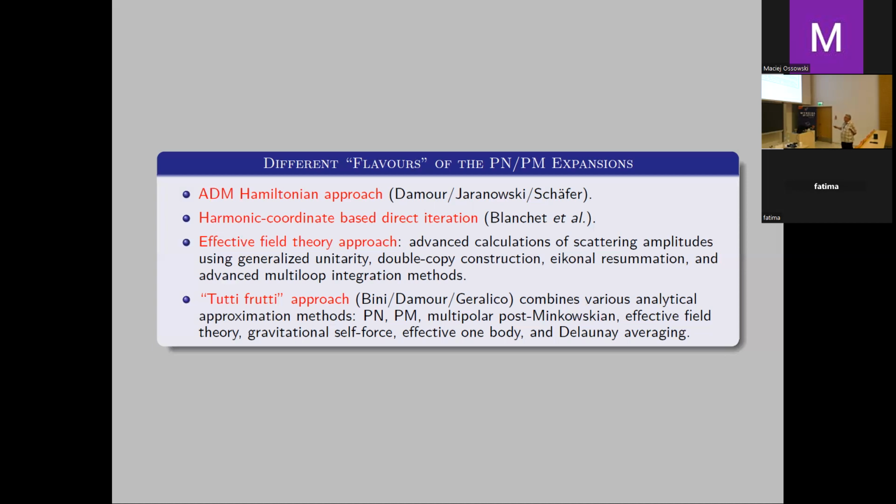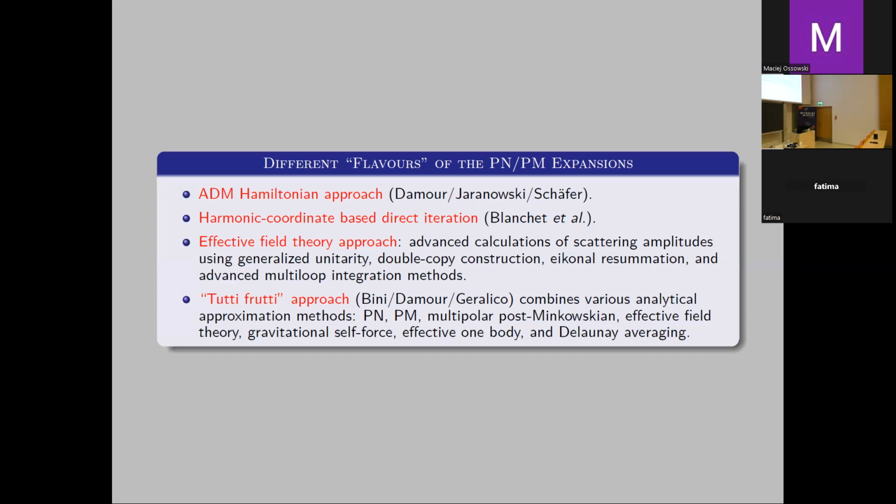Quite recently, there is also the effective field theory approach, namely people from high energy physics started to use their Feynman diagram computer programs to compute the dynamics of two black holes.